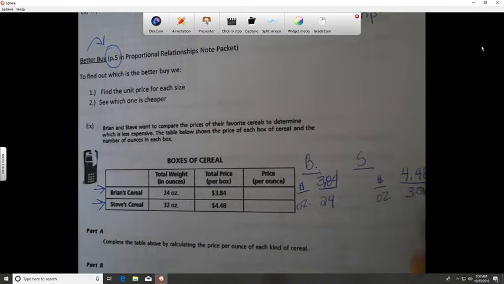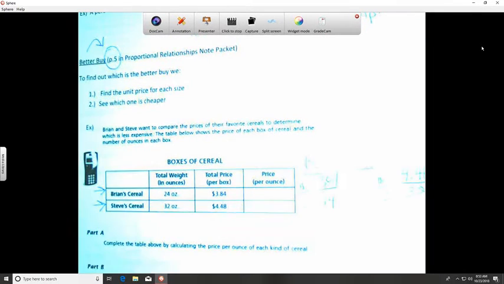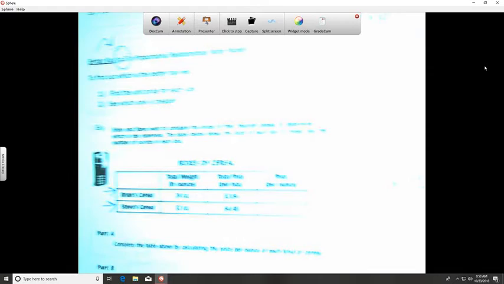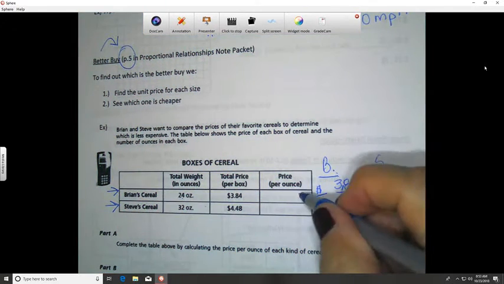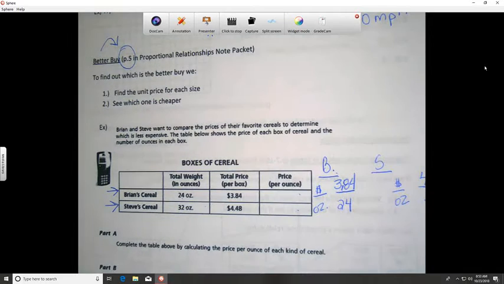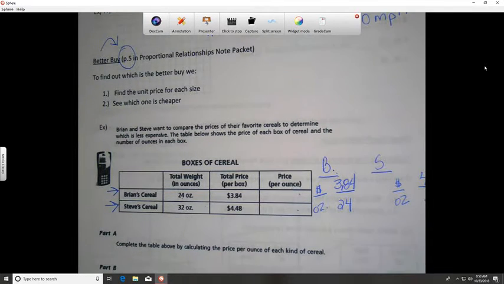So there's your division problem. You should be doing that in your calculator, and then fill in the table. And remember, you're talking about money, okay?